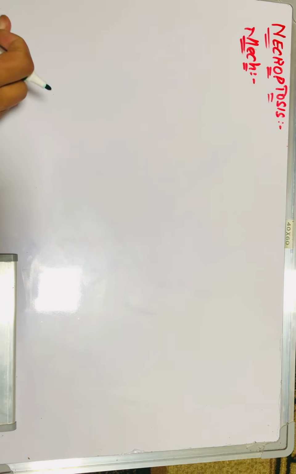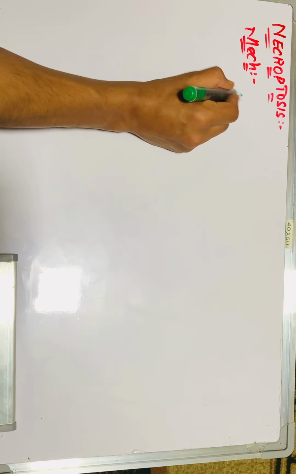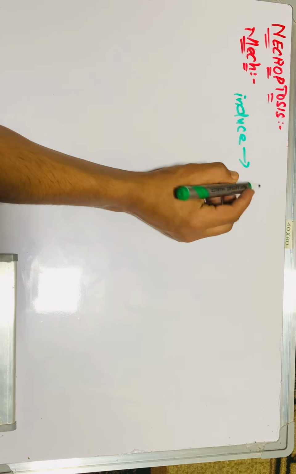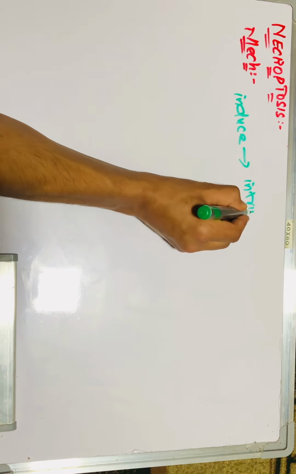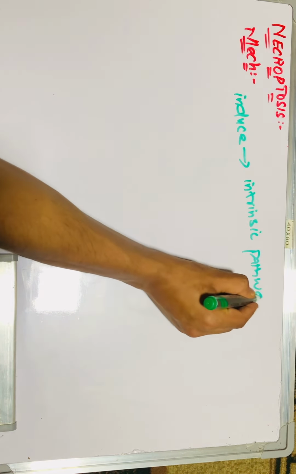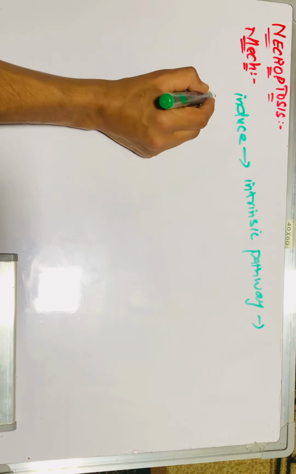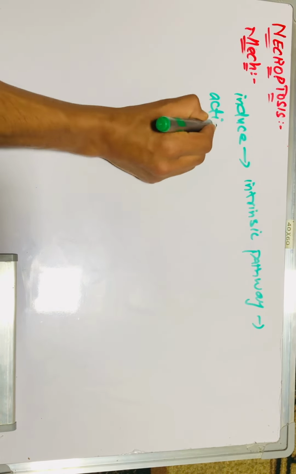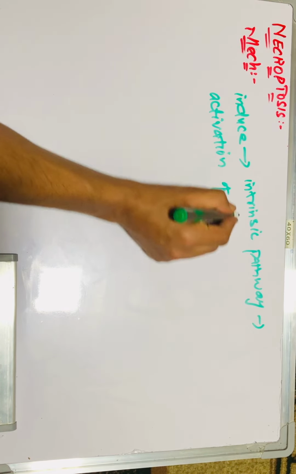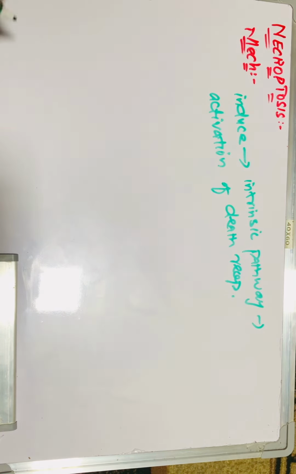This type of cell death is also induced, just like the intrinsic pathway, by activation of death receptors.